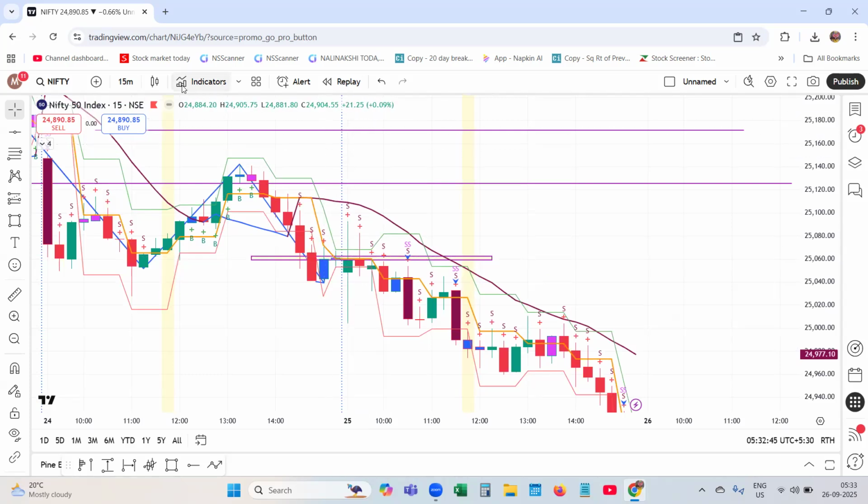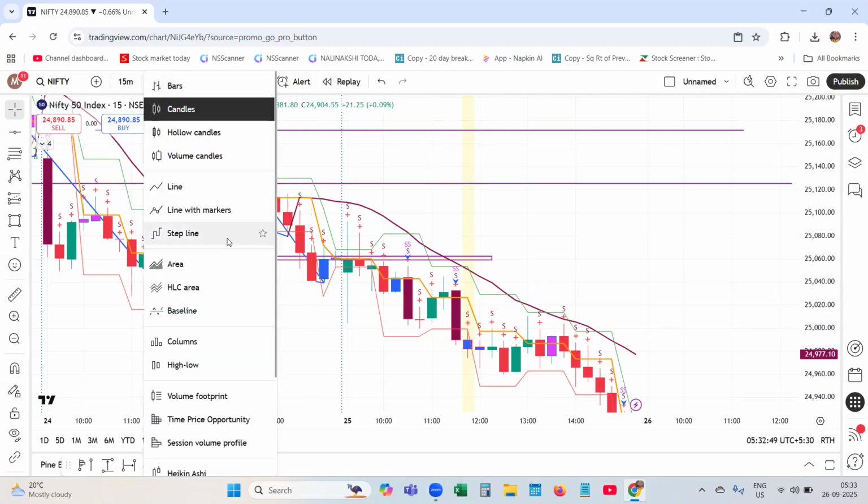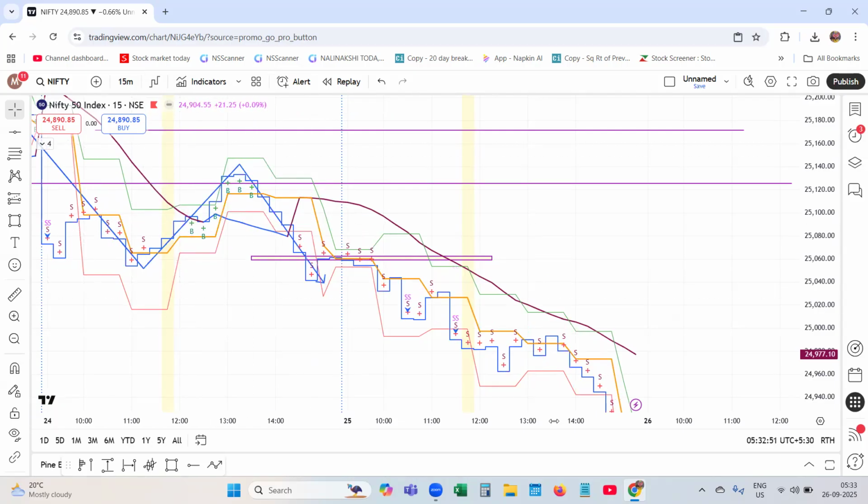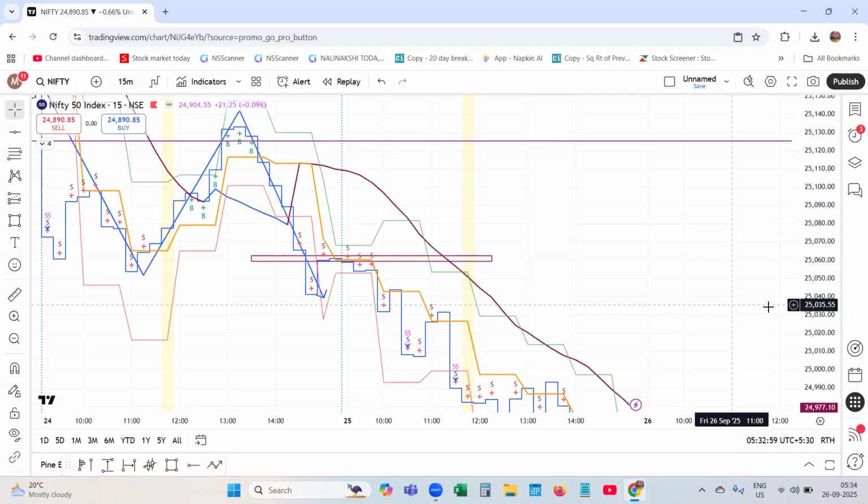If I change the candlestick pattern to the step line, you can see there that was a wick. You don't see anything. It is flat.